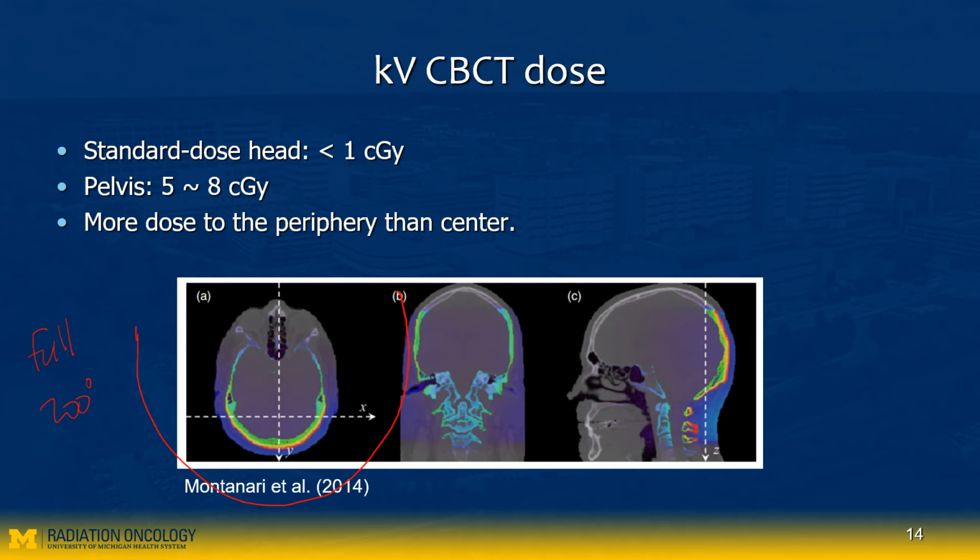Because the X-ray source is rotated behind the patient's head, most of the dose is deposited in the periphery of the skull, whereas we can spare a lot of dose in the front. So if you are concerned about lens dose, for example, you can design your image acquisition so that you sweep through behind, the posterior side of the patient.